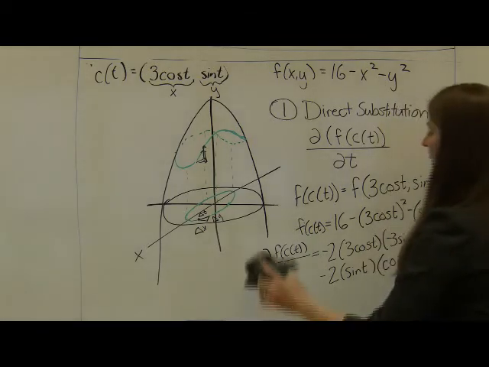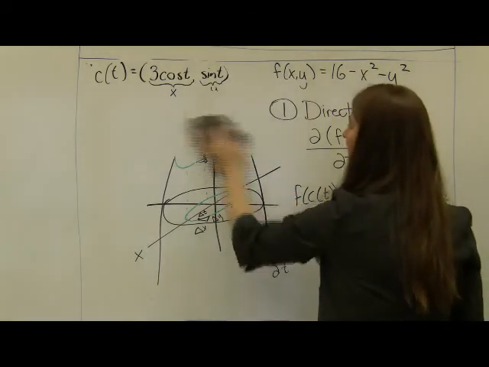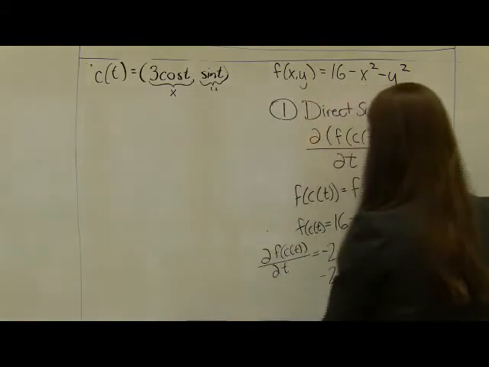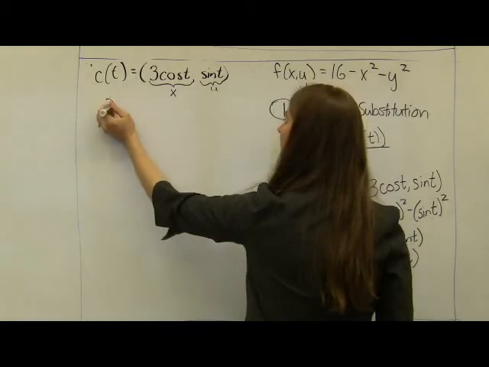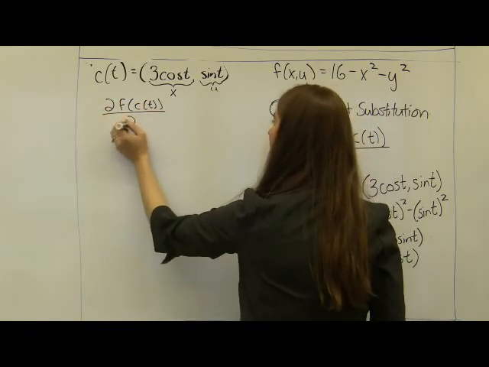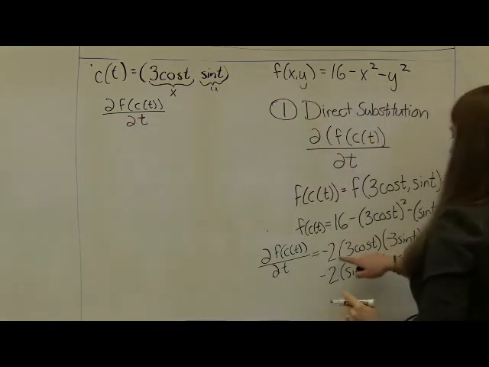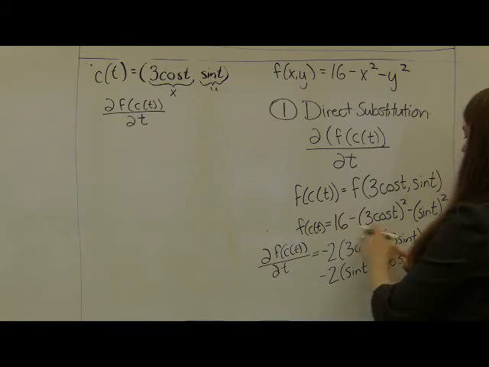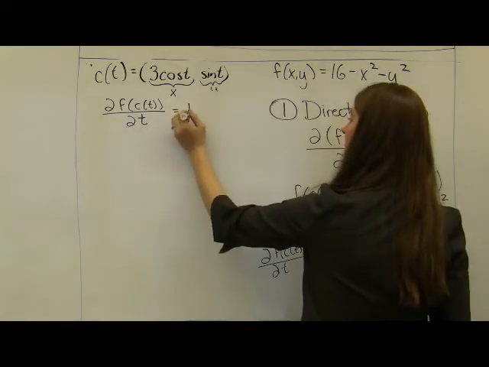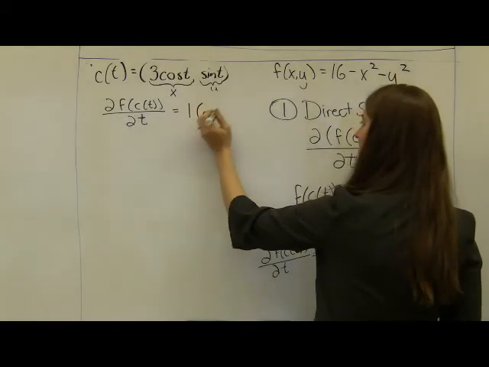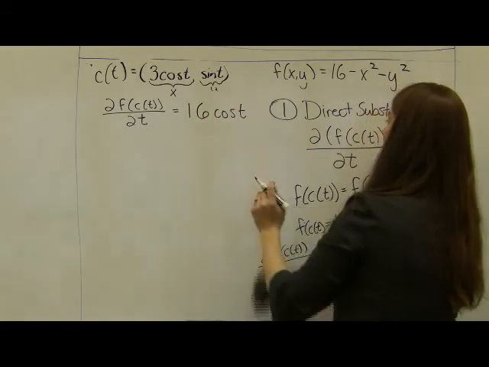And I'm going to record our findings up here, up on the board, because it'll be interesting to compare it to what we'll find in a second using chain rule. So up here, we just found that the derivative of the composition f of c of t with respect to t is given by negative 2 times 3 times negative 3 becomes positive 18 cosine t sine t minus 2 cosine t sine t, which gives us 16 cosine t sine t.